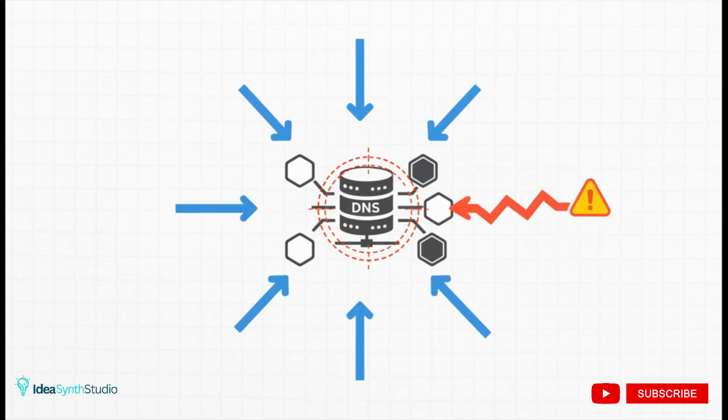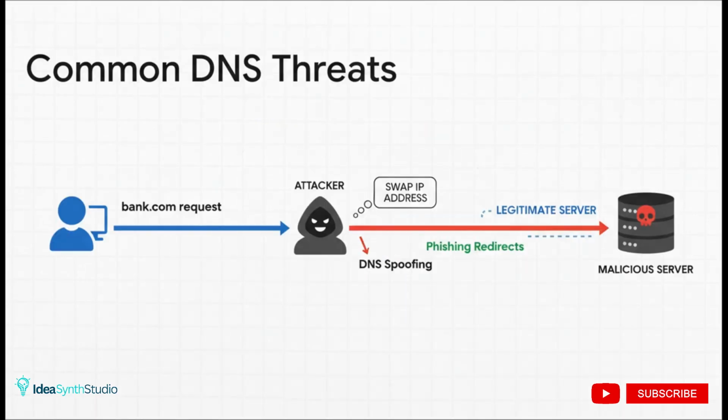But, whenever you have something this important, this central to the whole operation, well, it's also going to be a target. Think about it. If a bad guy can mess with the address book, they can control where you go. So attackers use these sneaky tricks like DNS spoofing or hijacking to try and fool the system. They can basically jump in the middle of your request and feed you a fake IP address, sending you to a malicious website that might look exactly like your bank's website, all to try and steal your info.